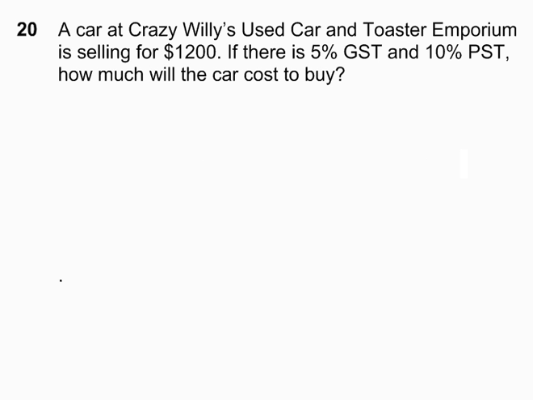Question 20 says, a car at Crazy Willy's used car and toaster emporium is selling for $1,200. If there is 5% GST and 10% PST, how much will the car cost to buy? So GST is the first tax we're going to calculate. So it's 5% of the $1,200, which will be, well, 10% is $120, so 5% would be half that. Mentally, I can do that as $60.